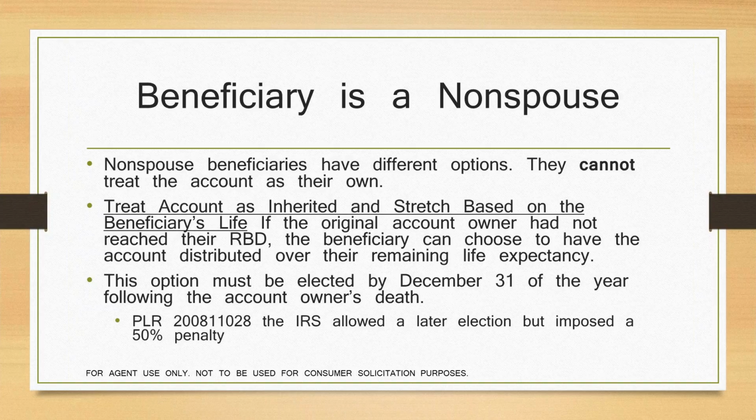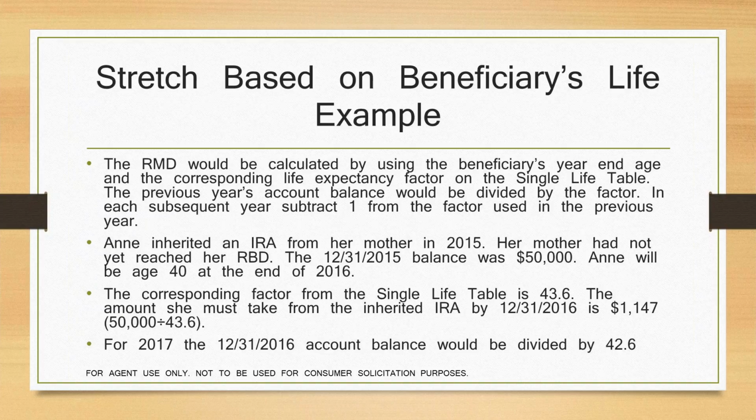It's usually the beneficiary's life expectancy that you're going to use. And the option must be elected. The deadline for electing it is the end of the year after the decedent's death. That's when the first RMD would be due for a non-spouse beneficiary.